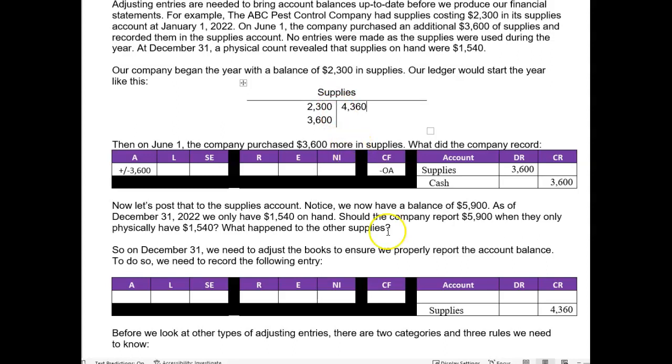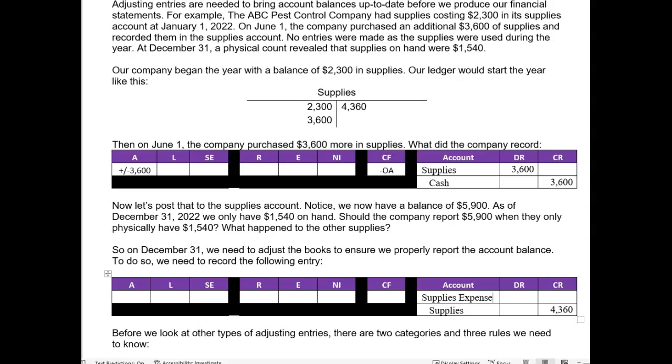Now, as we consume assets, what do they become? Well, really, pencils and papers and things of that nature to us are simply expenses. So most of the time when you consume an asset, when we use an asset up to generate revenues, they do become expenses. It's the cost of generating revenue for the company. So we're going to go in and we're going to actually record supplies expense.